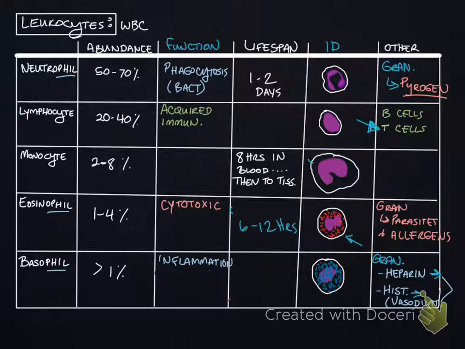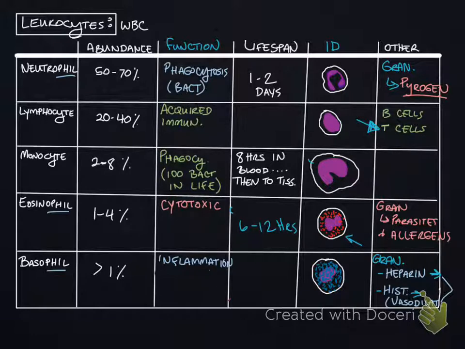Then monocytes, which are the biggest of the leukocytes, their role is phagocytosis. So they also like to eat things. They can eat 100 bacteria in their lifetime.